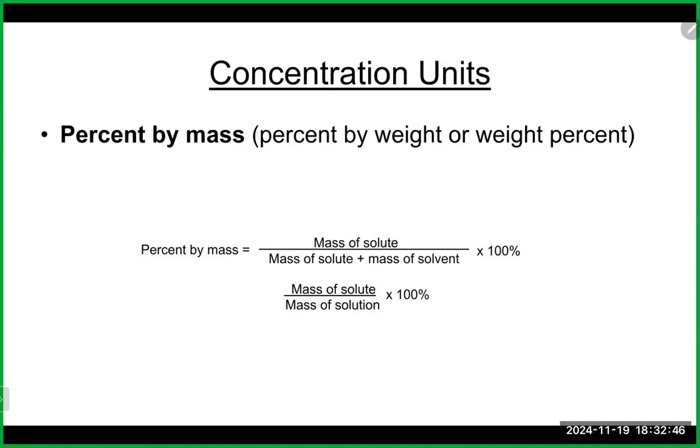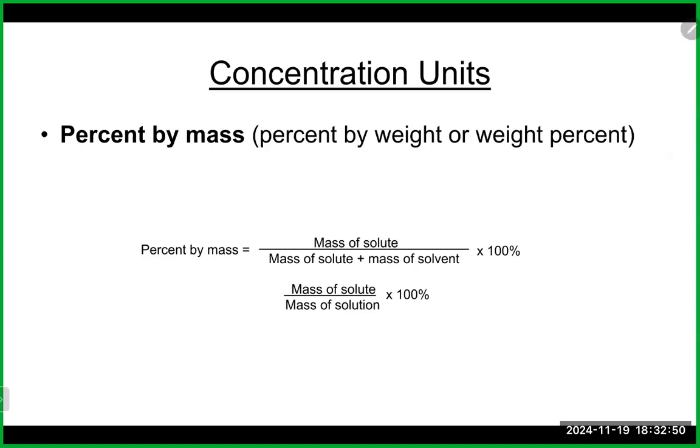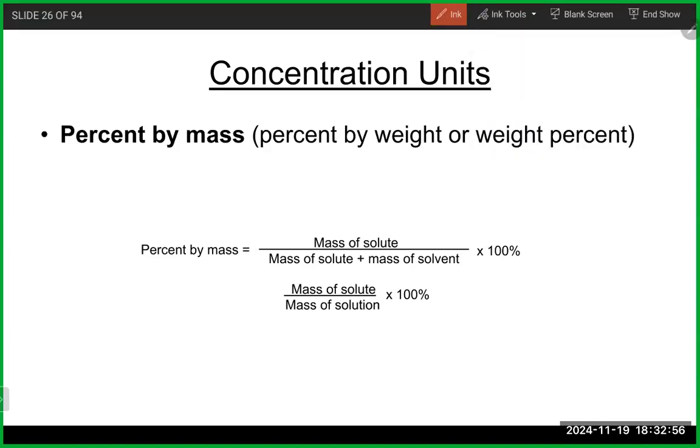Remember, the bottom part is really important, and that is the mass of the solution. We want to make sure that you get both the solute and the solvent in that case, and not just the solvent. Remember that they sometimes will give you those separate from each other.